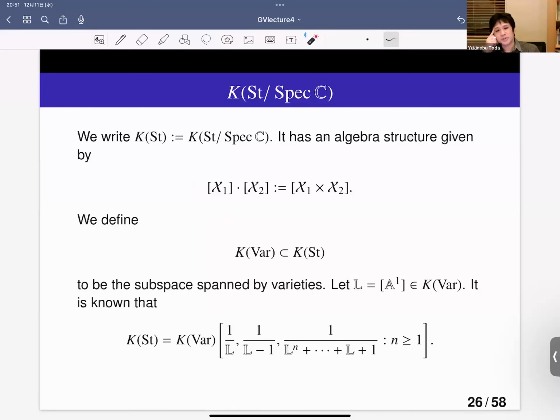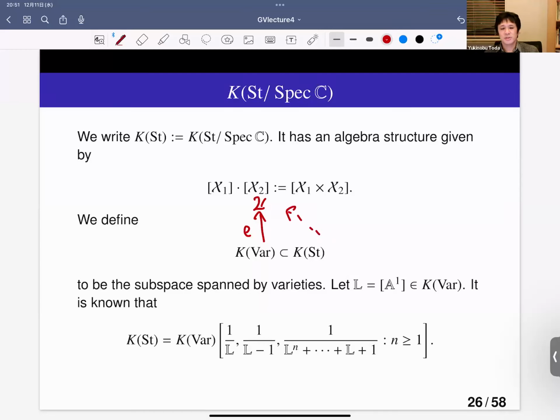Again, the issue about considering the Euler characteristic of a stack is that the Euler characteristic makes sense for varieties. So the Euler characteristic map is defined from here to here, but it cannot be defined on here.